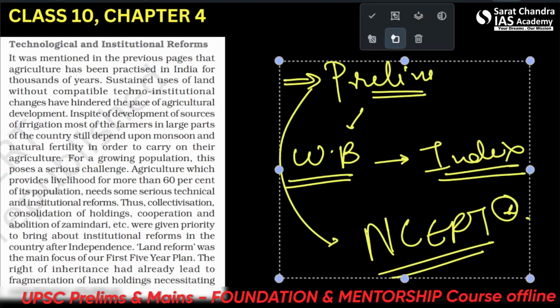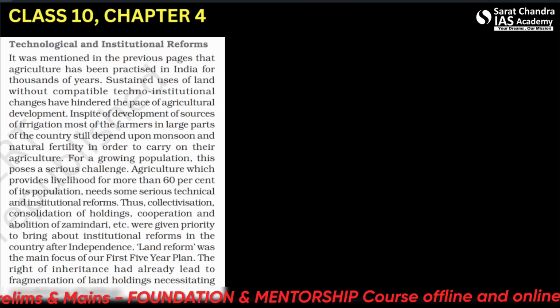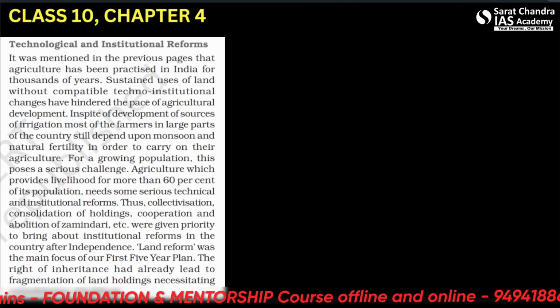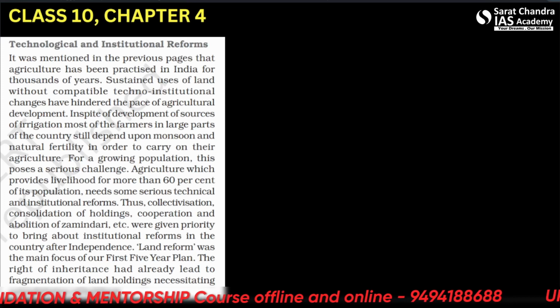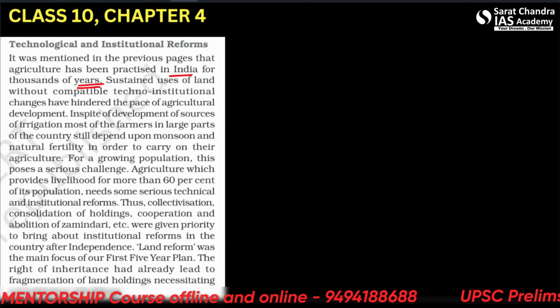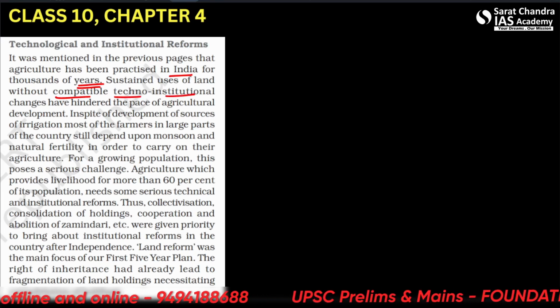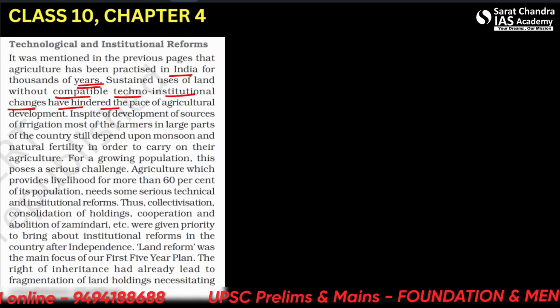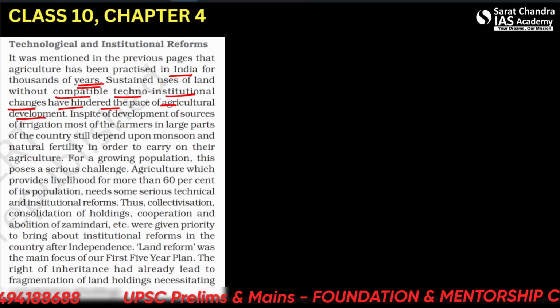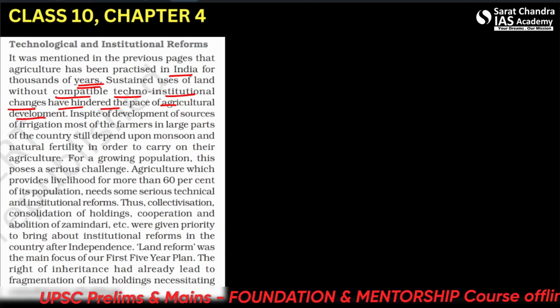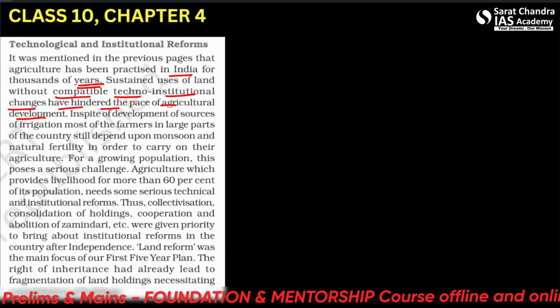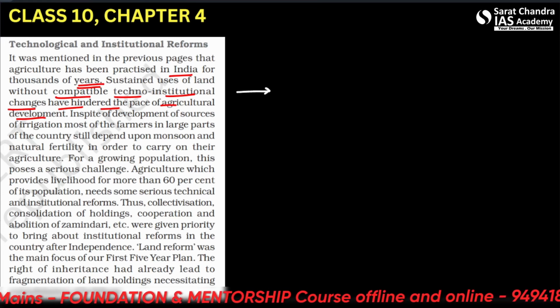Alright. So what NCERT says about this third statement, it was mentioned in the previous pages that agriculture has been practiced in India for thousands of years. Sustained use of land without compatible techno-institutional changes has hindered the pace of agricultural development. That means it talks about the challenges that Indian agriculture faces. What are they?